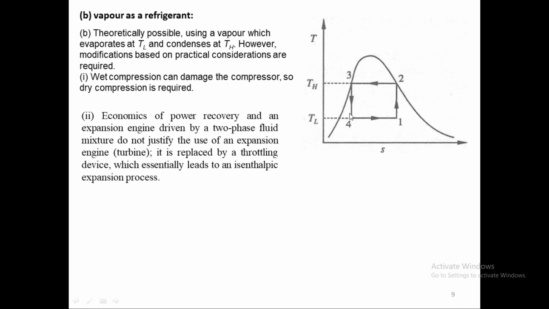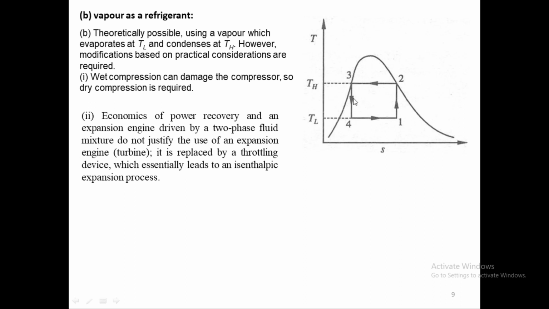Similarly, we can put some kind of turbine system here, so that we can extract the work from this high pressure liquid which is coming down to the low pressure vapor. But the construction and fabrication of such a turbine is costlier than the energy we will save. So because of that, we don't use a turbine here, rather we use a simple expansion valve and do not care about the energy that we are losing here.